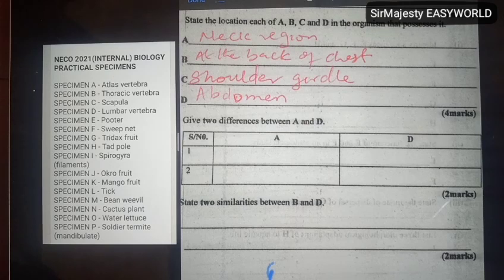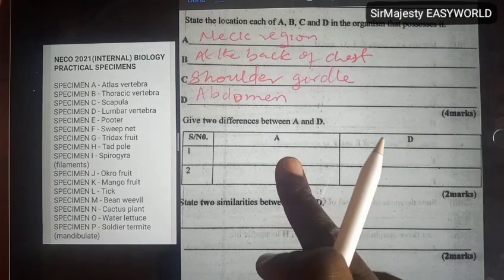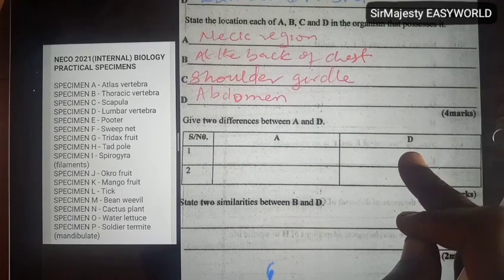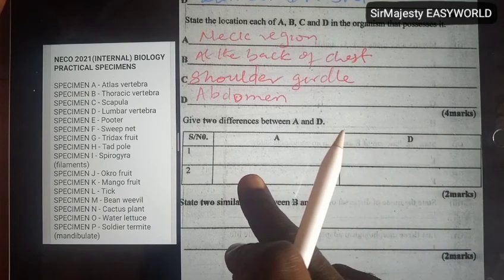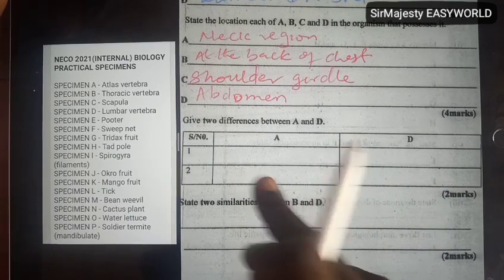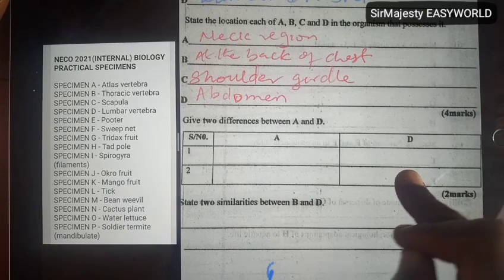There are many differences. I'll give you as many as possible. You can write presence of vertebrarterial canal for atlas, then in D for lumbar, absence of vertebrarterial canal. Secondly, absence of centrum in atlas; here you write presence of large, thick, or massive centrum.